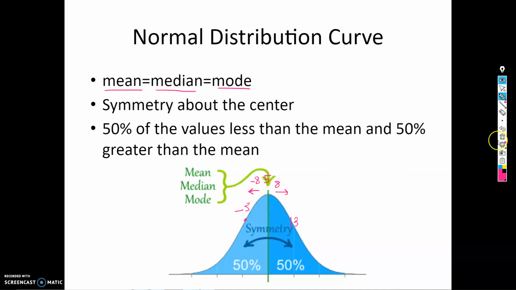The symmetry comes into play all the time, but the big key here is there's always symmetry about the center. Then 50% of the values are less than the mean, and 50% of the values are greater than the mean. Again, perfect mirror image.